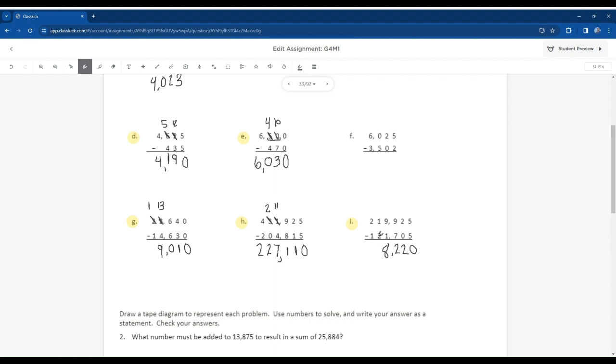So 1 take away 2 I cannot do with subtraction, so I need to regroup from the 100,000s place, and that's going to give me 10 extra 10,000s, plus the one that's already here makes 11. So 11 minus 2 is 9, and 1 minus 1 is 0, for a final difference of 98,220.